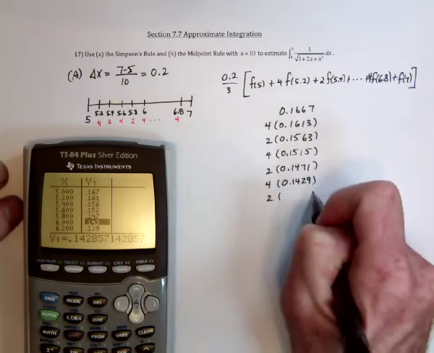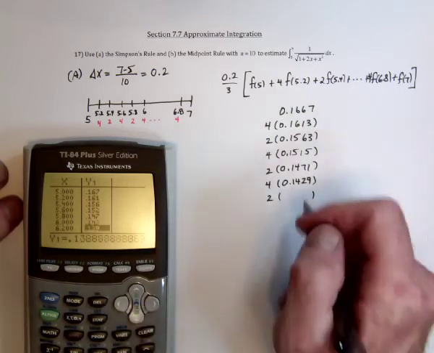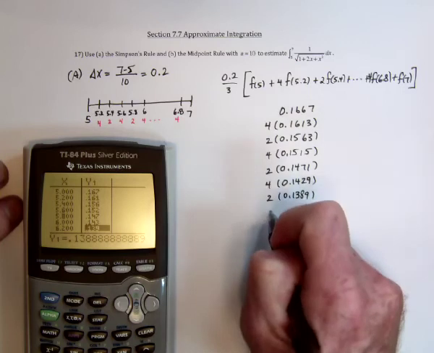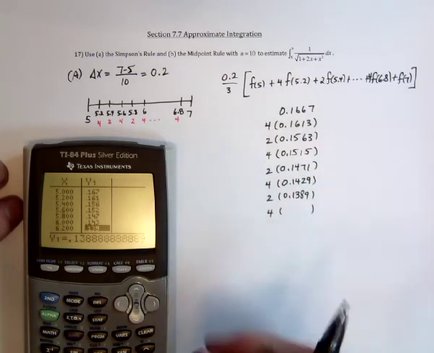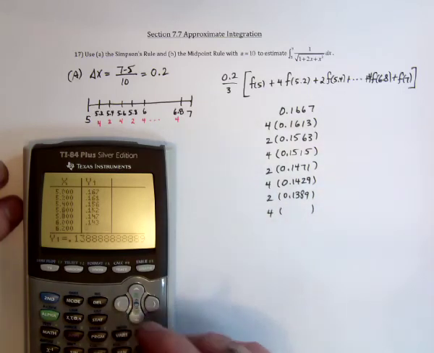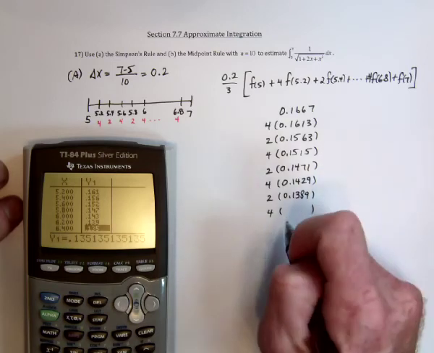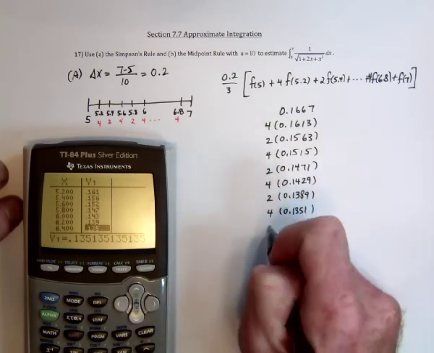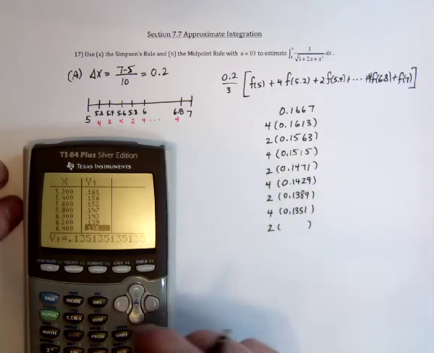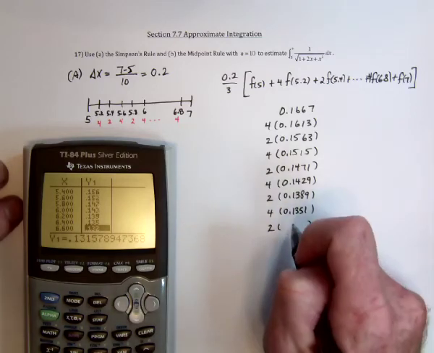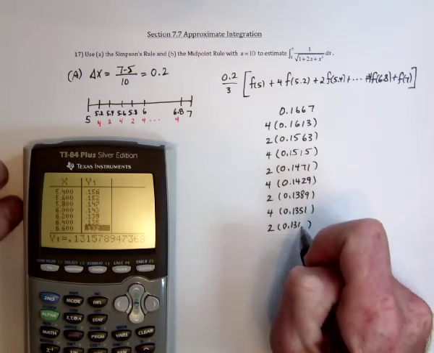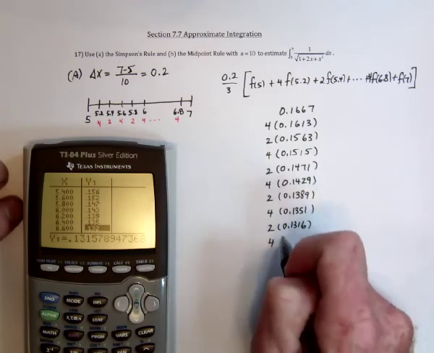2 times 0.1389, next is 4 times 0.1351, 2 times 0.1316, and we're almost done.